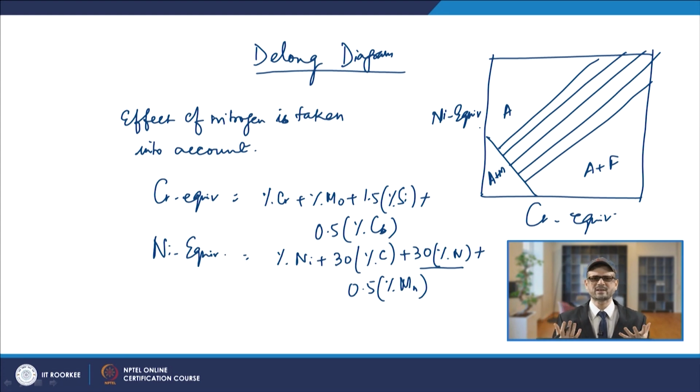Or you can also use these diagrams in the reverse way. If you want the weld deposit to have some particular composition, what type of filler metal composition should you take so that it gives you the composition you want?